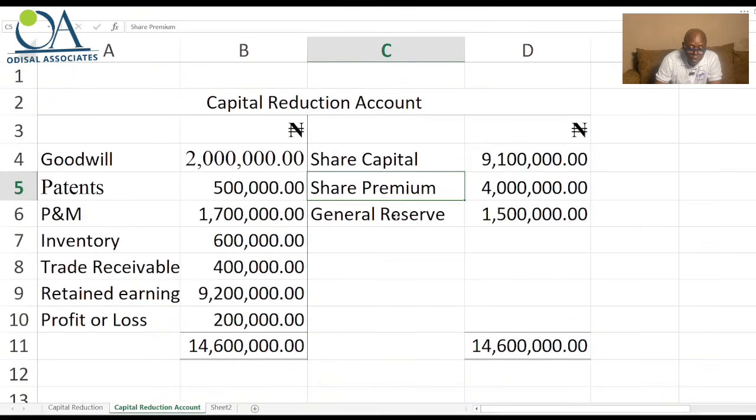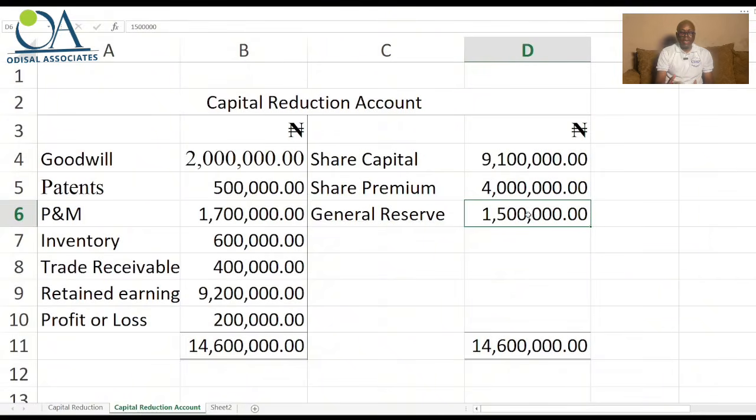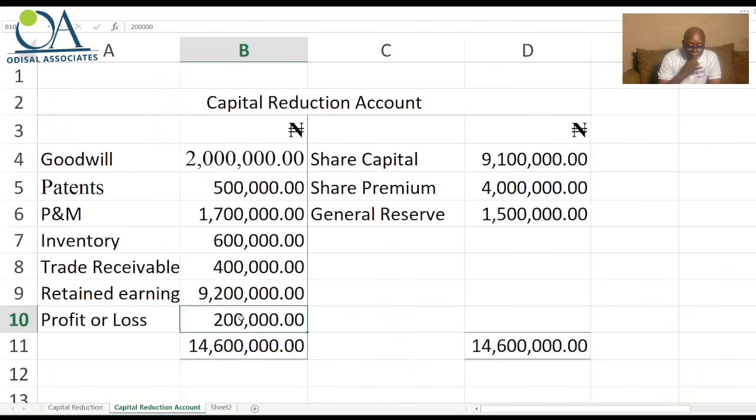The share premium. Then general reserve. So at the end of the day, you take the difference. Now, the difference is credit, therefore, it is a profit to us. So we have it as 200,000. That's the difference. So we have done the capital reduction account.